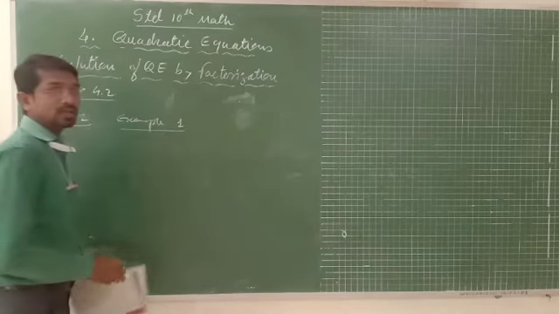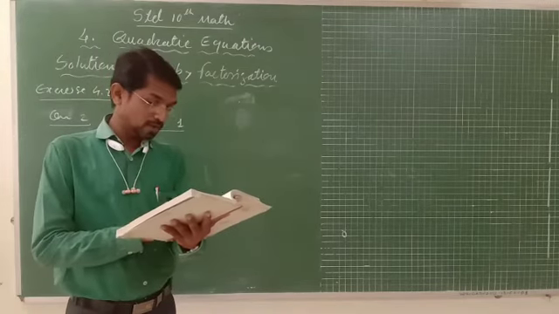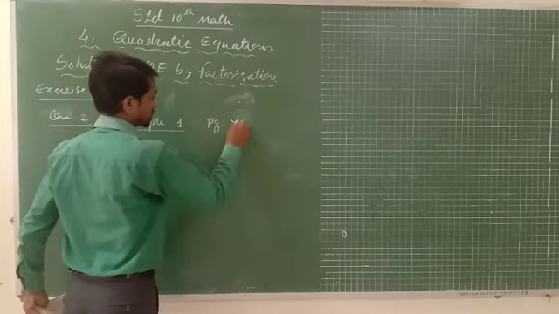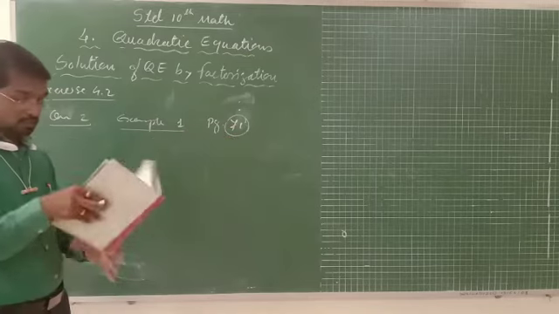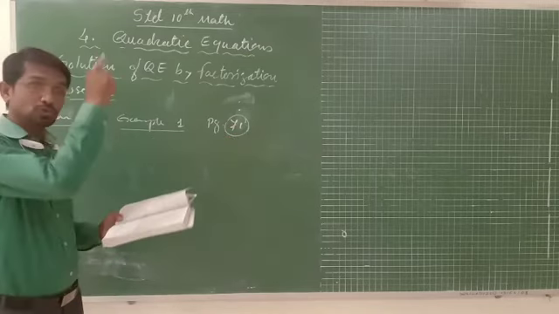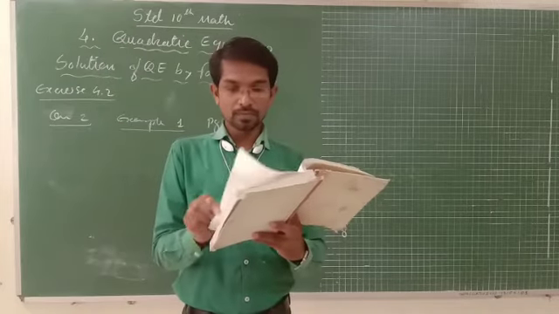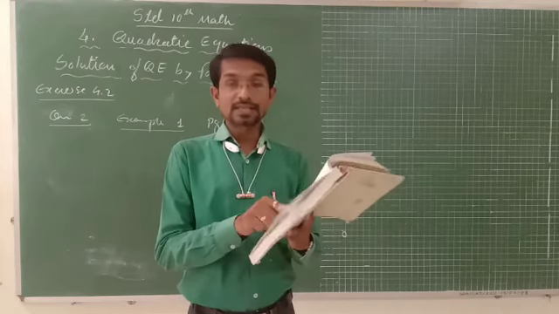Where is example 1? See, these examples are given on page number 71. There are two examples given on that page. You have to solve those examples by this method. Actually, that is a word problem. See page number 71, example number 1.